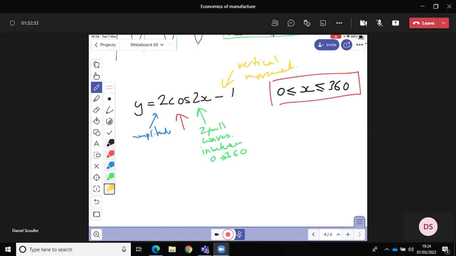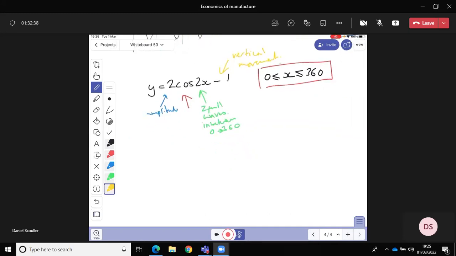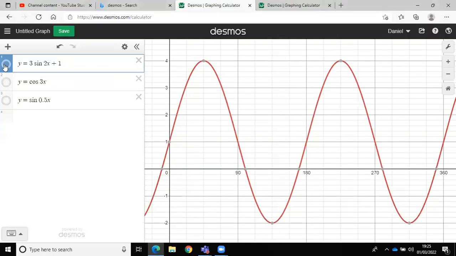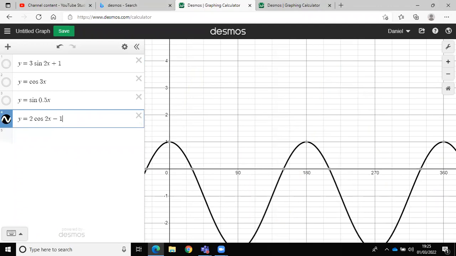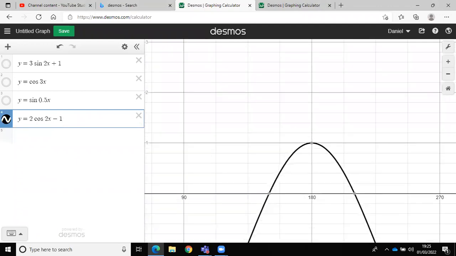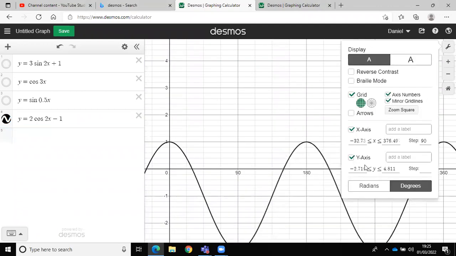Okay, so taking all that into consideration, trying to draw that up. Quickest way of doing this, let's have a wee look. Cos 2x minus 1. Let's have a wee look at this. So minus.